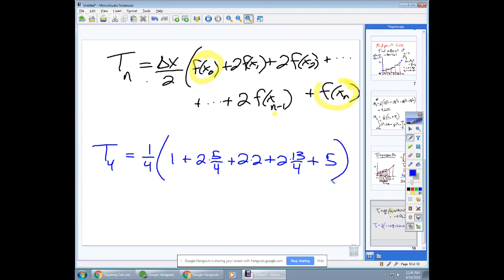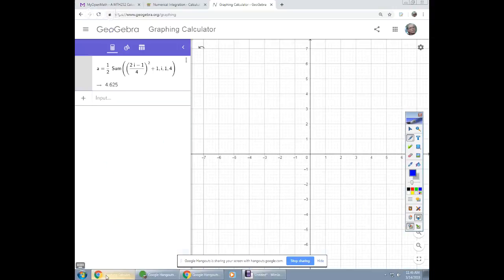I'm going to try typing that in a calculator quick. So I have 1/4 times 1 plus 5/4 times 2 plus 2 times 2 plus 13/4 times 2 plus 5.